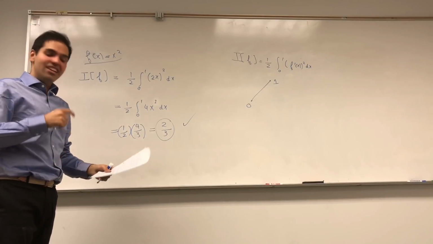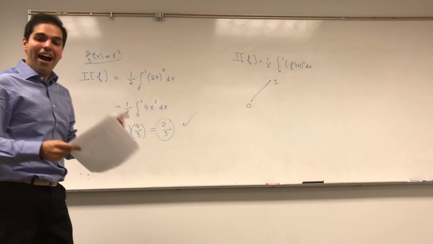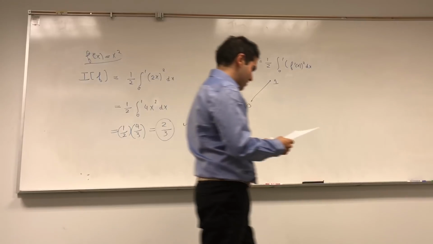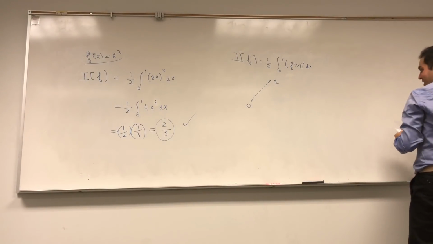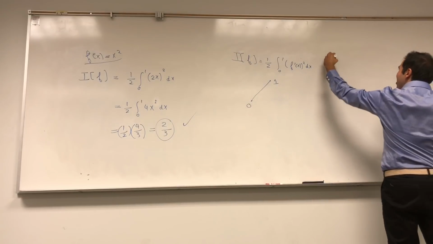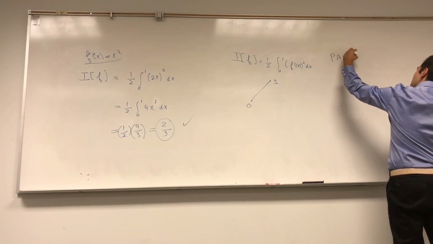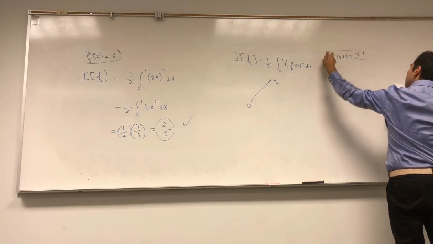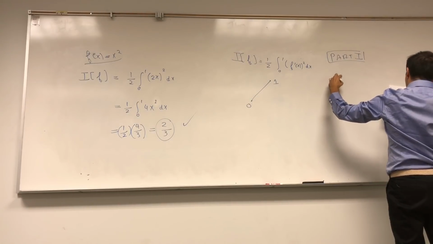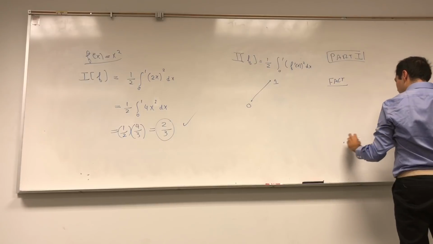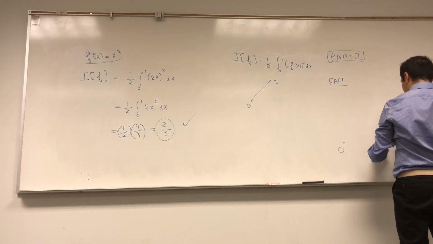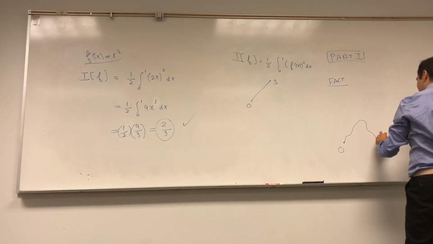Let me just give you a little fact that we'll need in a second. So maybe that's part 1. So that was part 0, and now part 1. Okay. There's a little fact. Suppose you have a function g that is 0 at the endpoints 0 and 1, and g looks like that.